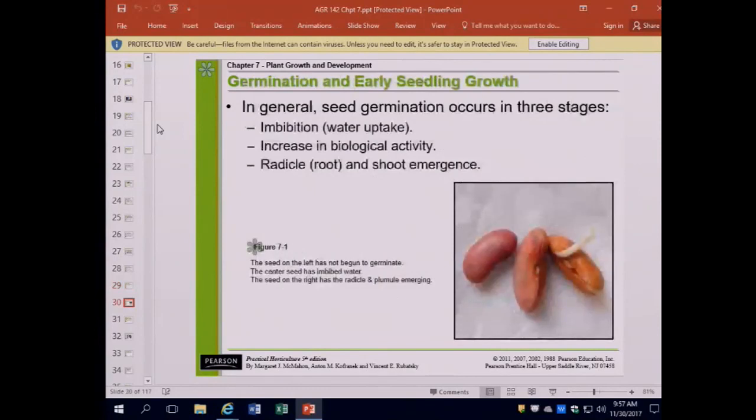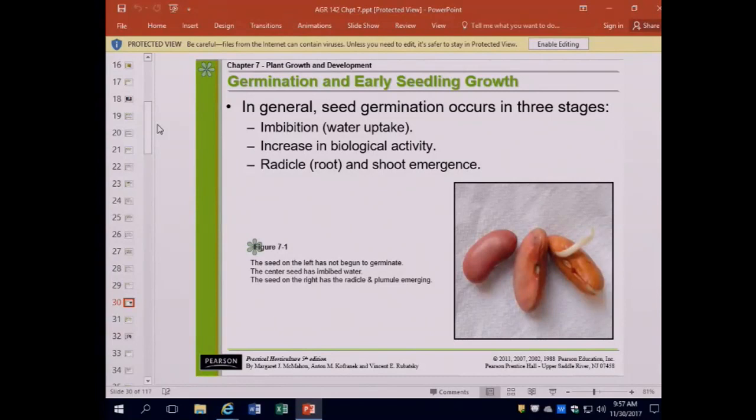When we begin to talk about germination, you've got imbibition, which is the water uptake by a given seed. If you want to evaluate the potential for germination, you can take some bean seed, and I'm using that just because they're large and easy to visualize.